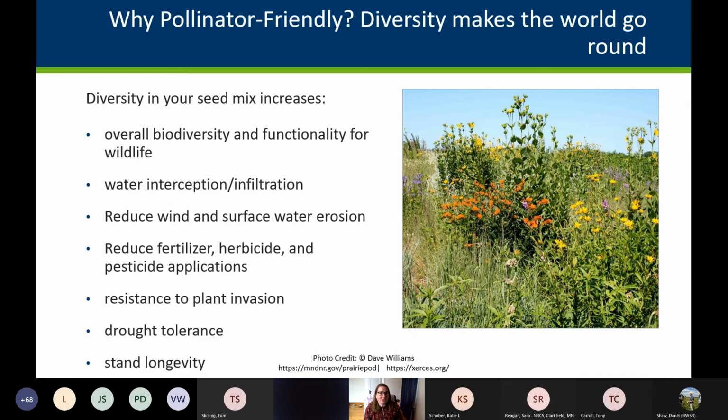We also want that to contribute, hopefully, to easier management and maintenance by the solar industry, who is going to be managing those sites. So we're hoping that we can have a high enough level of diversity that we can have some resistance to plant invasion, that we can maintain stand integrity, and we can also respond to these climatic extremes, like drought or flooding and those sorts of things.